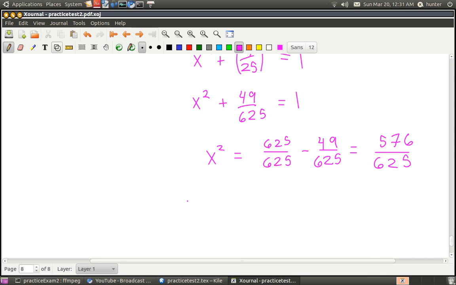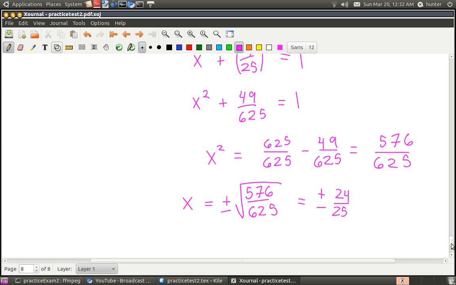And I didn't know this, but it turns out 576 is just 24 squared. Let's solve for x, and we get plus or minus the square root of 576 over 625, and this is the same thing as plus or minus 24 over 25.